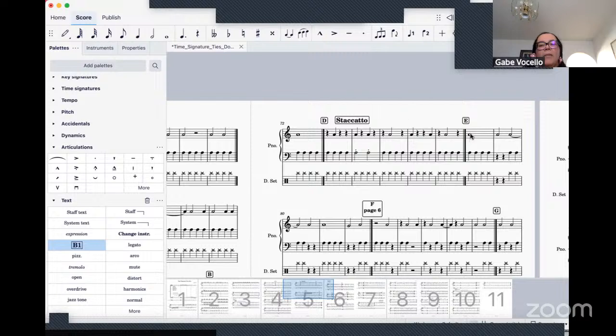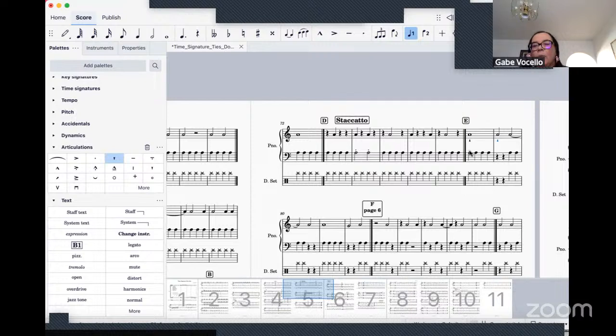Now, if I have this triangle below the note head, this is going to diminish the duration of the sound of the note by 3 quarters. So it's going to be 1 quarter sound plus 3 quarter rest.